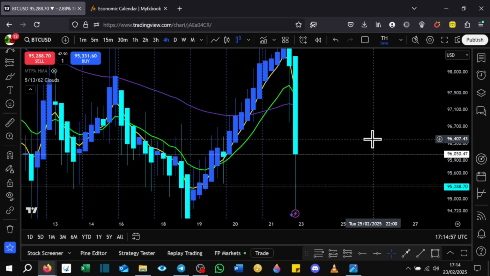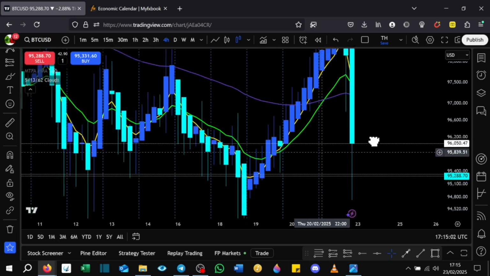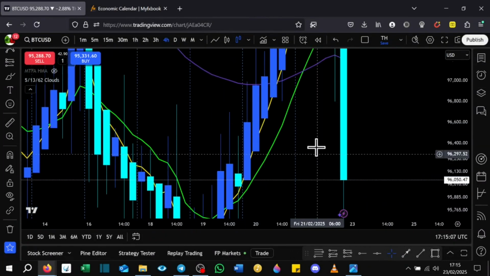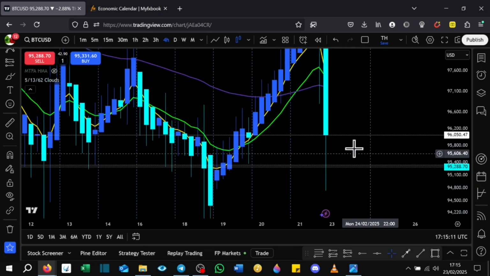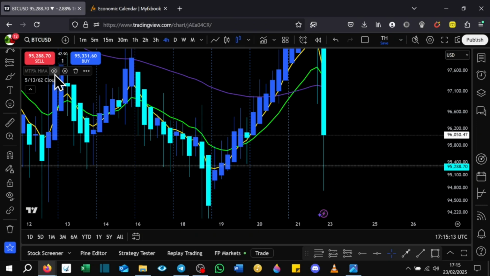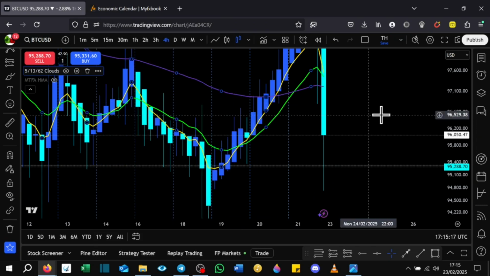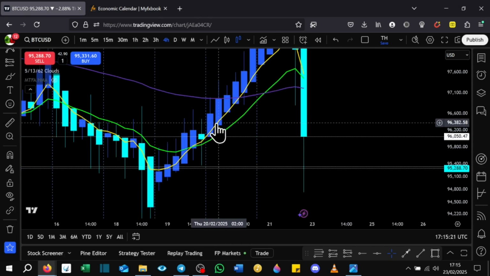If you go like that, the EMAs are actually behind the candles now. Can you see how the candles are over the EMAs? Sometimes it can be hard to see visually what is actually going on with the EMAs. So we go to visual order, bring to front. Can you see now that the EMAs are over the candles, right?